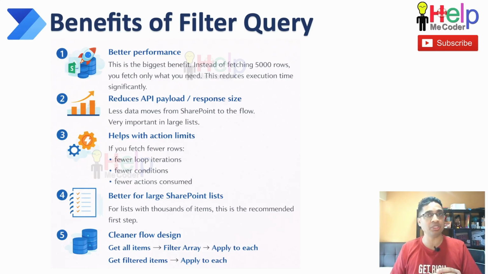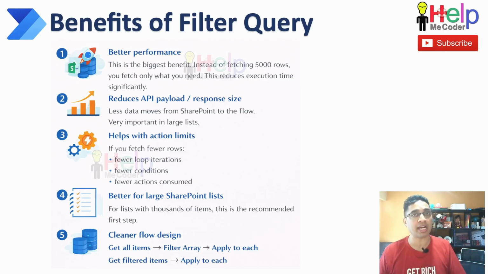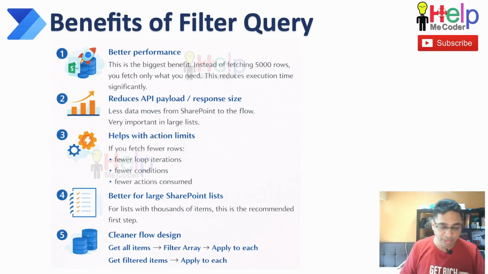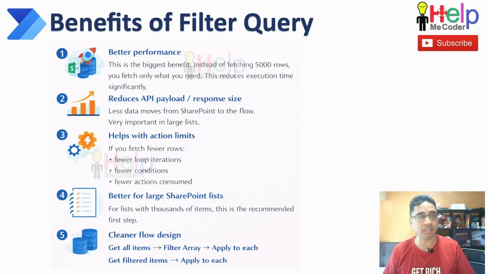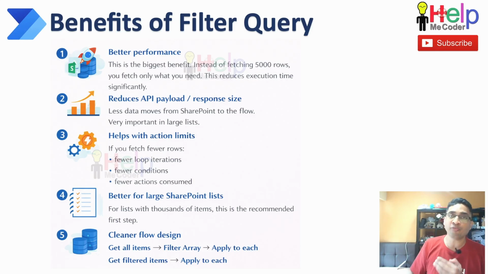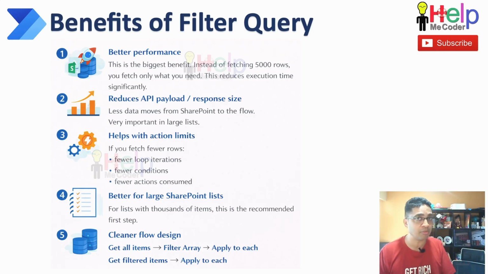So that was an extra action that we were doing for each item. This was totally removed when we started using filter query, because we don't need to check for that data. When we get the data from filter query, it is the only data that we really require. So definitely fewer loop iterations and fewer condition checks will be required.